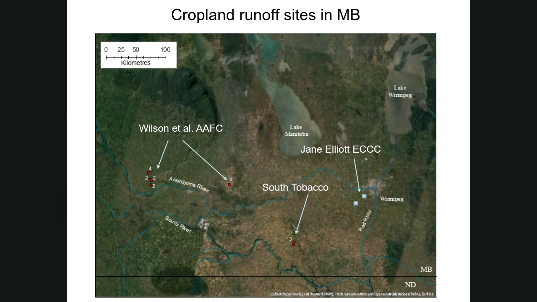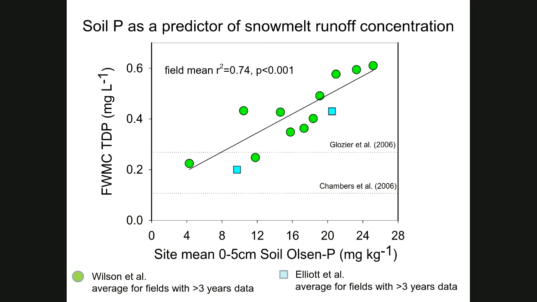But we've also been working with a network of field sites in Manitoba to explore factors that influence nutrient runoff seasonally from fine textured clay and clay loam soils. And when we look across this network, extractable phosphorus near the soil surface is the best predictor that we see of concentration in snowmelt runoff, although there's some scatter in the relationship that relates to soil moisture and volume of snowmelt.